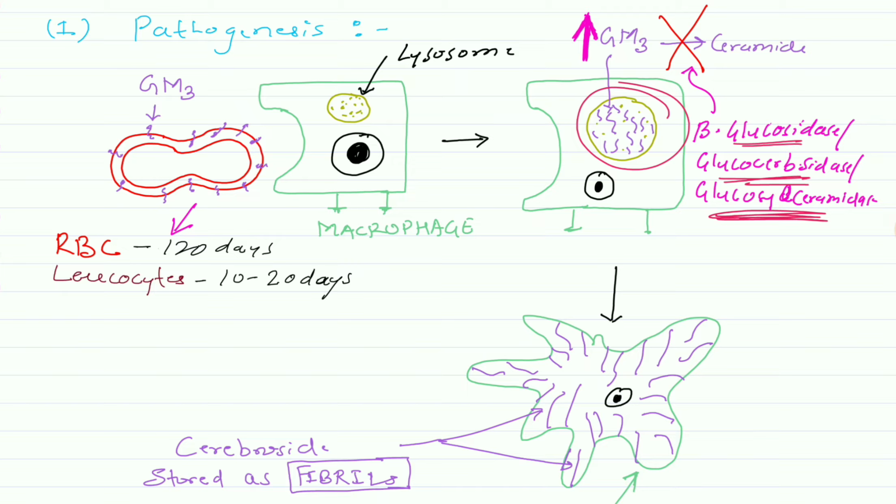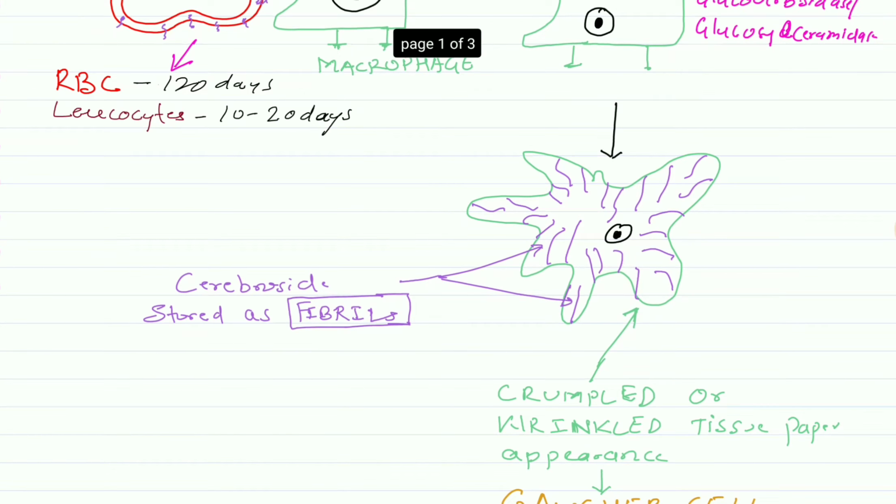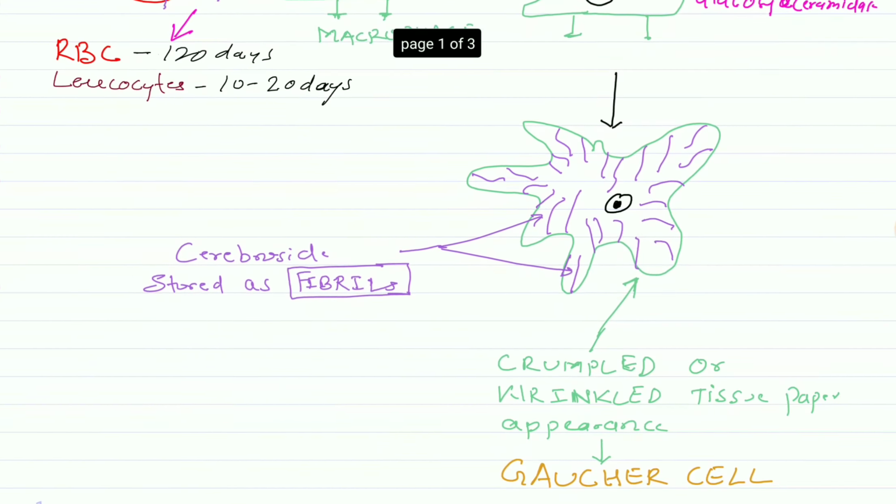These accumulate in the macrophages as fibrils, and because of this the macrophages look like crumpled or wrinkled tissue paper, and these are called Gaucher cells.